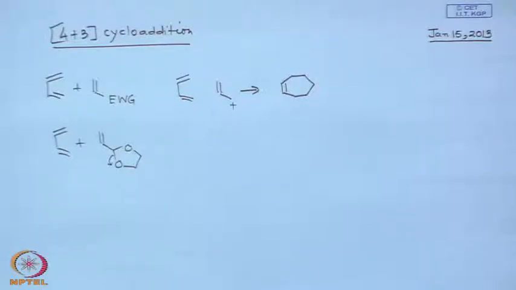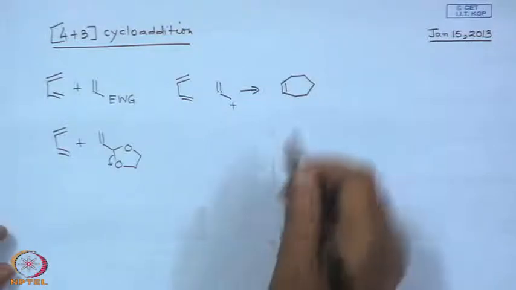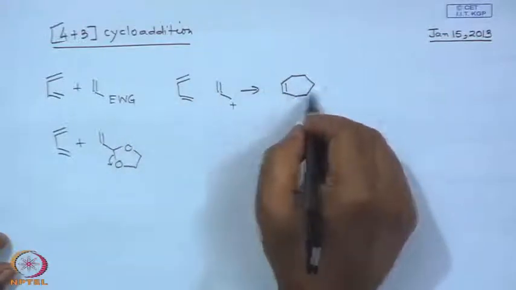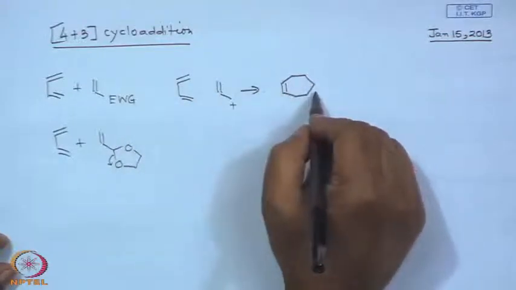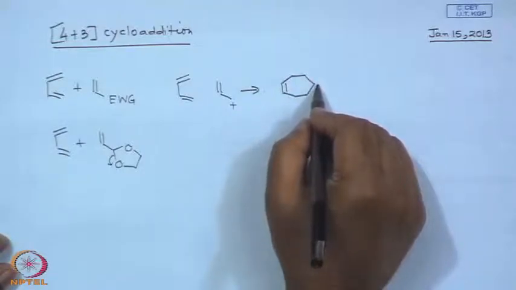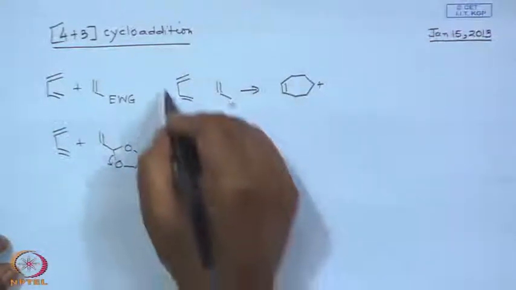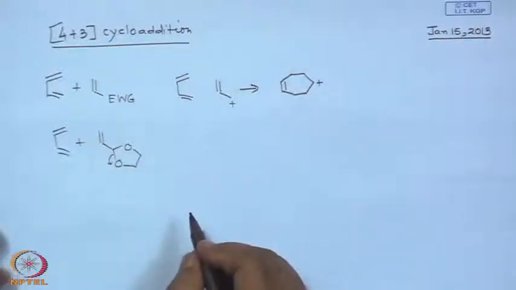So the diene has to be electron rich, and the dienophile is now an allyl cation. But again the simple version is not really known, and if you look at the reaction here, it is not the cycloheptene; it has to be a carbocation here to balance the charge. This is basically the formal 4 plus 3 cycloaddition reaction.